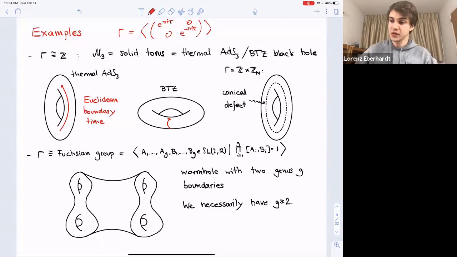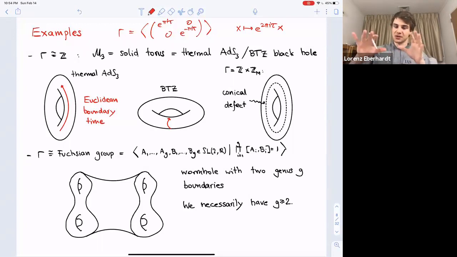And if you do that, how does it act on the boundary? The boundary of AdS3 is simply CP1, the Riemann sphere. Let's say it has some coordinate x, and the group just acts by some multiplication. The fundamental domain of that group action is an annulus, and the inner circle and outer circle of the annulus are identified.